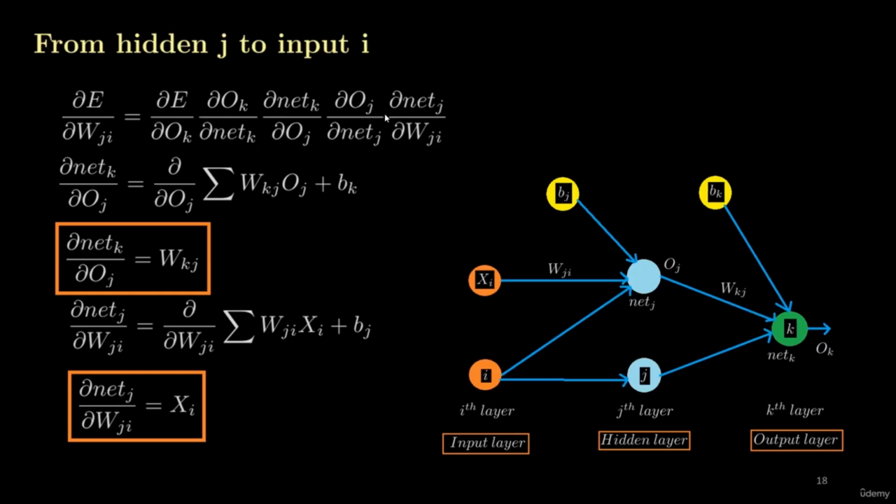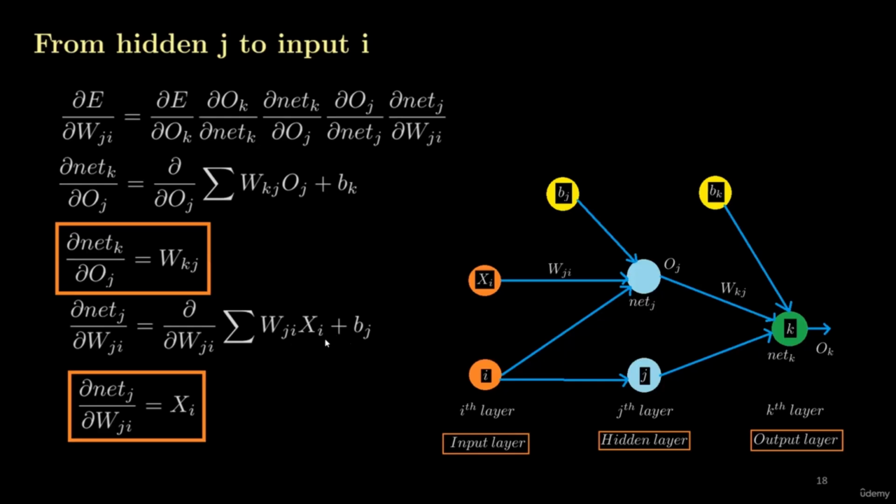Next, let's calculate this term, that is the rate of change of net J with respect to WJI. Also in the forward propagation, we learned how to calculate the equation of net J. So that is the equation of net J, that is WJI XI plus BJ.